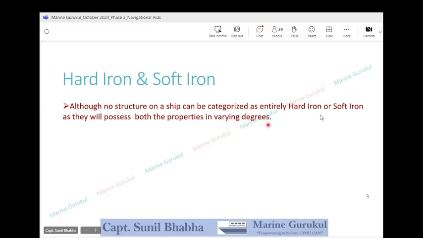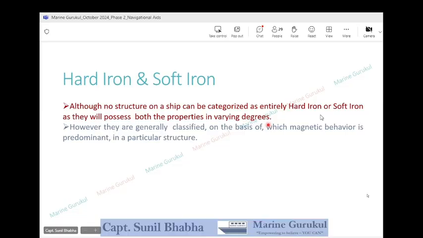Some part of it will acquire magnetism very easily and lose it equally easily, and some part of the structure will acquire magnetism very slowly, and once acquired it will not leave. So if every structure has both these properties, how do we classify them as hard iron and soft iron? These are generally classified on the basis of which of the two magnetic behaviors is predominant in that structure.